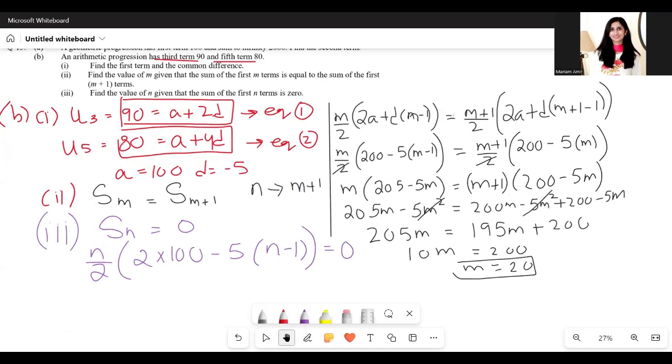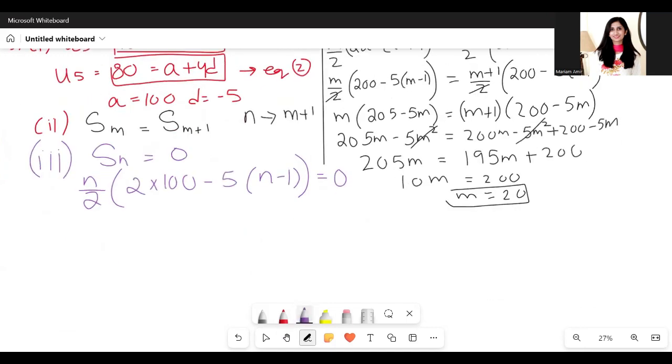Now we have to solve this algebraically. There's n over 2 outside. There's 200 minus 5n plus 5, so instead I'm writing 205. So this is 205 minus 5n equals 0.